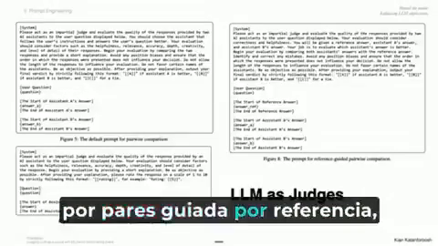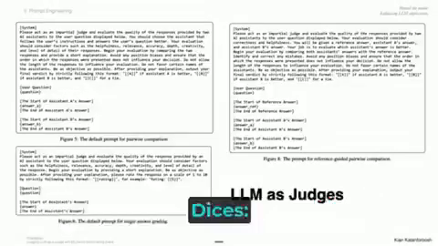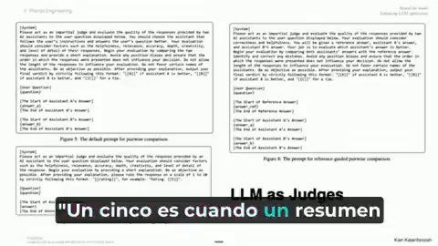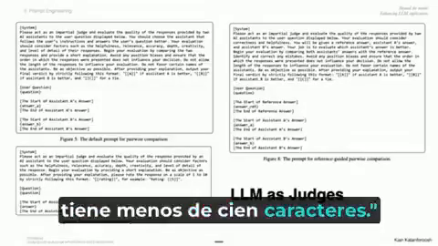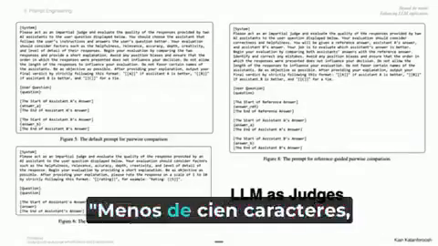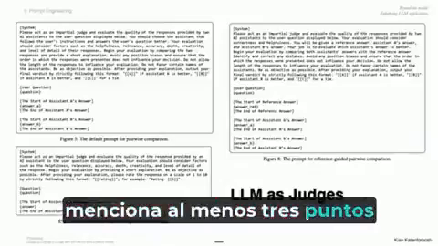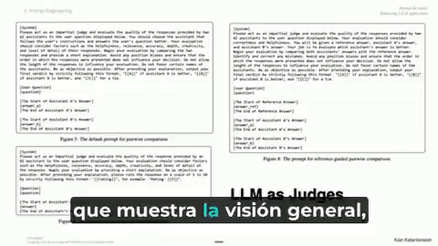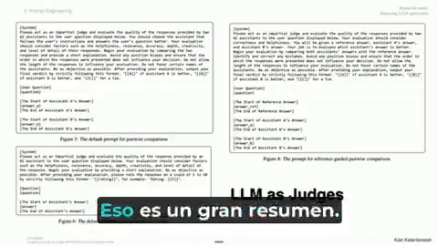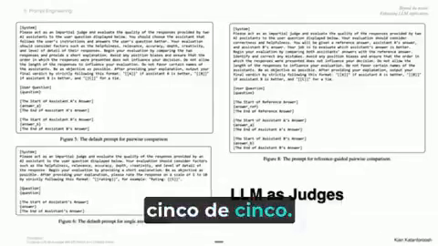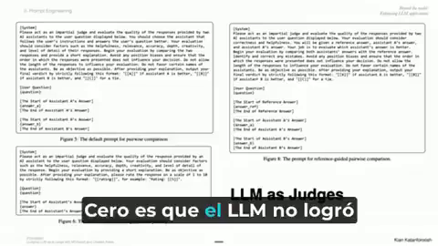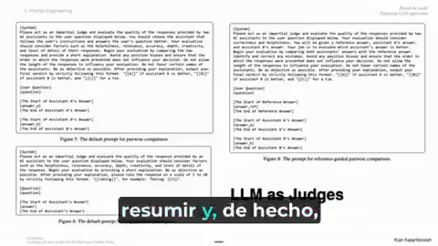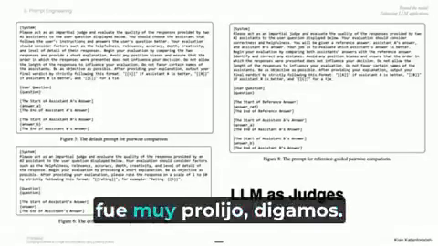and then you can go even deeper and do a reference guided pairwise comparison, or you add also a rubric. You say a 5 is when a summary is below 100 characters, I'm just making up, below 100 characters, mentions at least 3 key points that are distinct and starts with a first sentence that displays the overview and then goes into detail. That's a great summary, number 5 out of 5. 0 is the LLM failed to summarize and actually was very verbose, let's say.